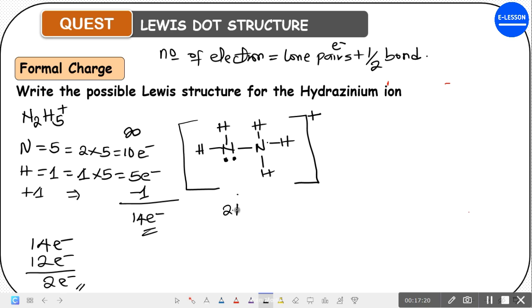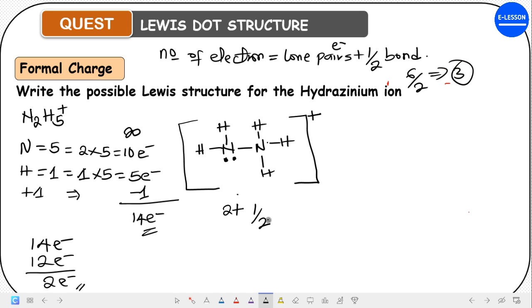So you write 2 plus. Now, how many bond pair electrons are here? 1, 2, 3. 3 is 6. 6 divided by 2 is what? It is 3. Are you getting it now? So it's half of the number of bond pair electrons. Now, bond pair electrons means the electrons that are shared with every other atom.